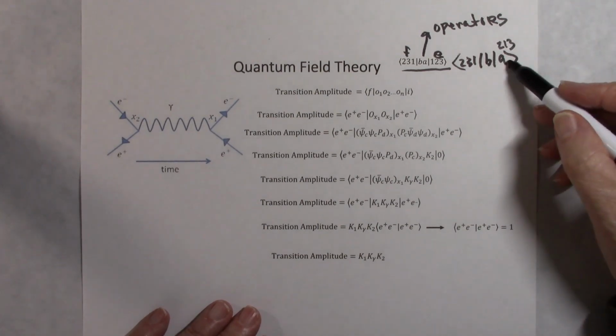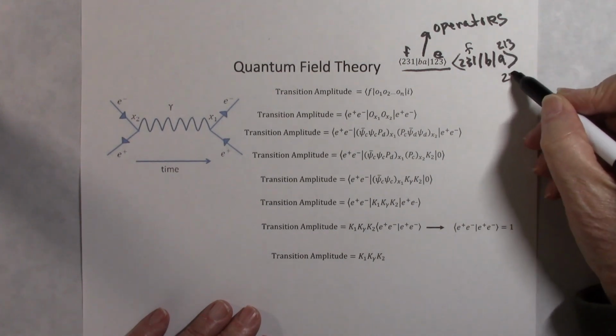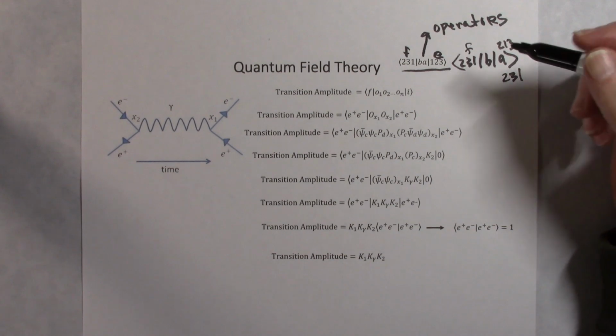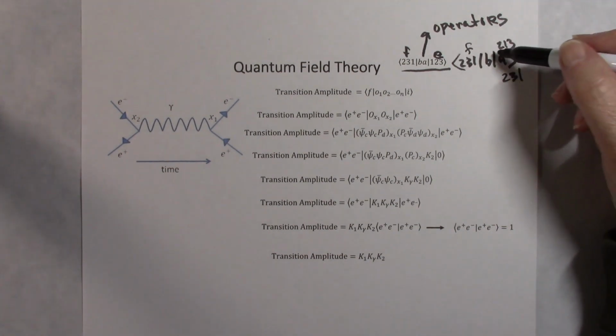B acts on A, and that gives us F. B acts on A gives us 2, 3, 1. If you remember that, sort of how you could think of formalizing the permutations in permutation group.